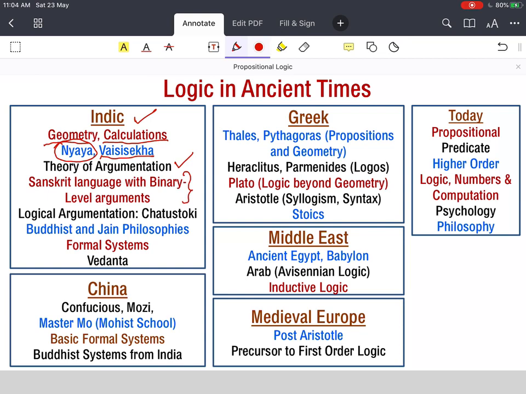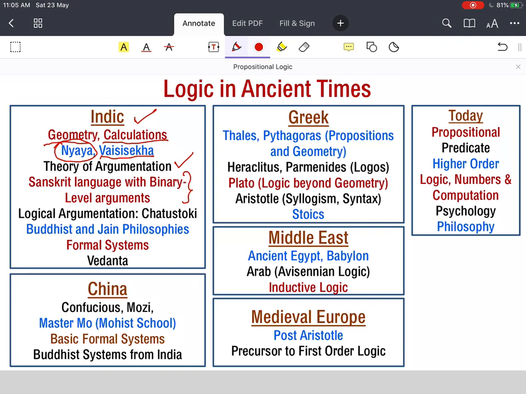Among the methodologies used, the language of Sanskrit was a very powerful tool, especially with its binary level and multimodal level of arguments. The language of Sanskrit, being very precise in its grammar, in its syntax and its semantics, provided a very natural mechanism for doing argumentation and explaining things in logic.